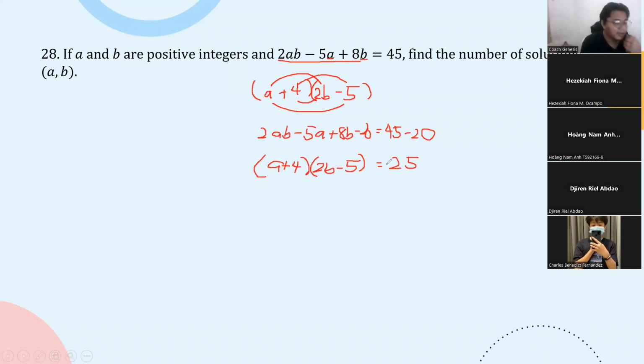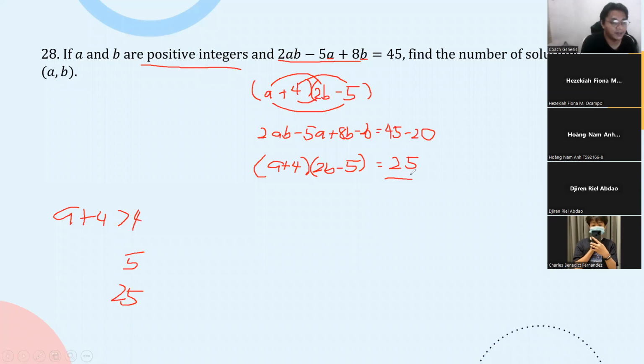Okay. Now take note that a and b are positive integers. That means that a plus 4 is greater than 4. So the only possible values of a plus 4 should be 5 or 25, right?